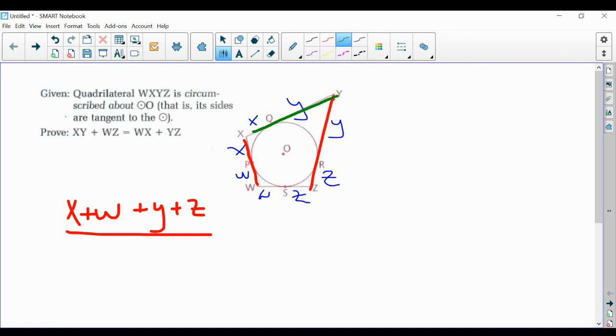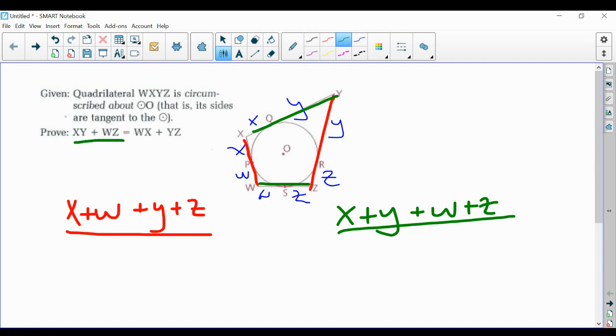And now my green pair, I have an x plus y, and a w plus z. All right, so I don't know what any of these variables are, but I can see that the green pair of opposite sides here is x plus y plus w plus z, and the red pair of opposite sides here are also a w, an x, a y, and a z.